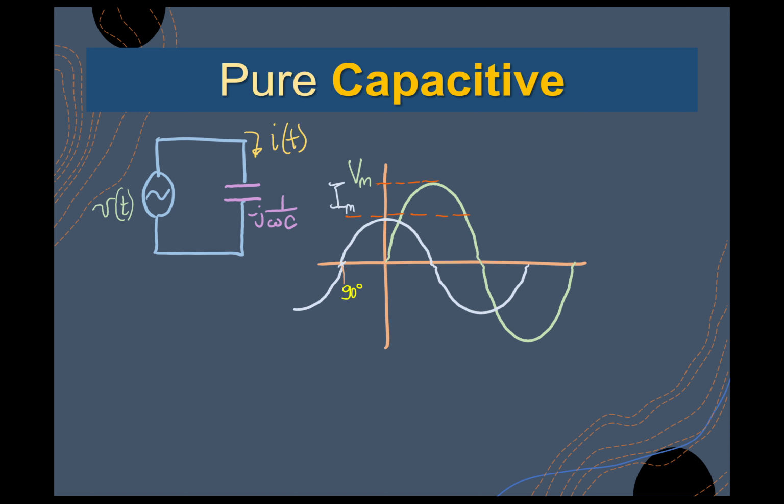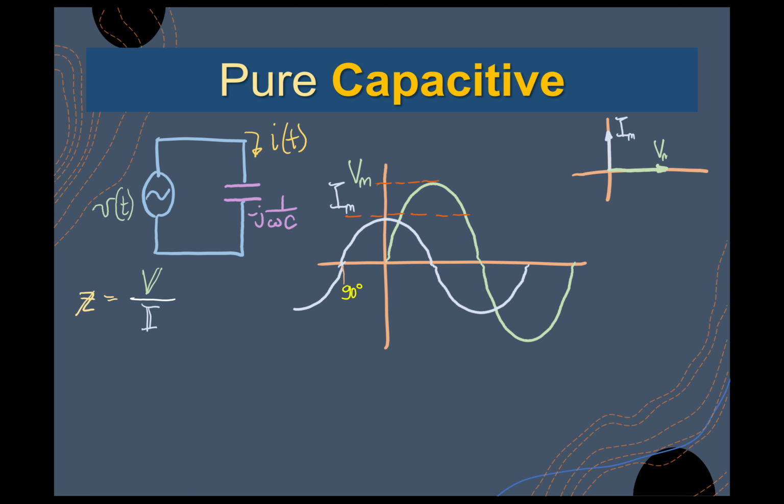Compared to the inductive circuit, where the current is lagging the voltage by 90 degrees, here it leads by 90 degrees. So we have Ohm's law: impedance is equal to the voltage over the current.